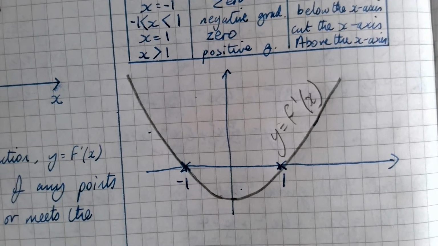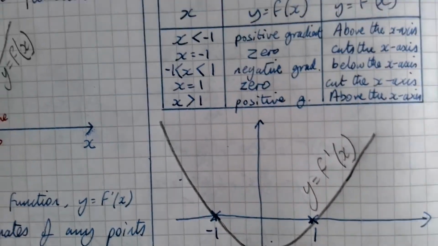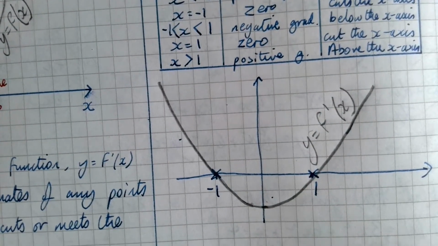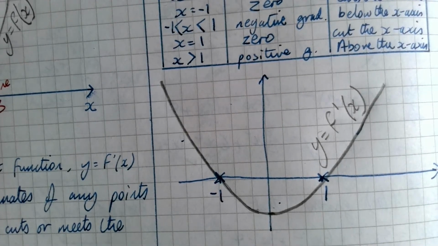So that is sketching the gradient function. So this is the curve that tells us what the gradient is there. That's our first example. We've got just one more, then we've got some practice.